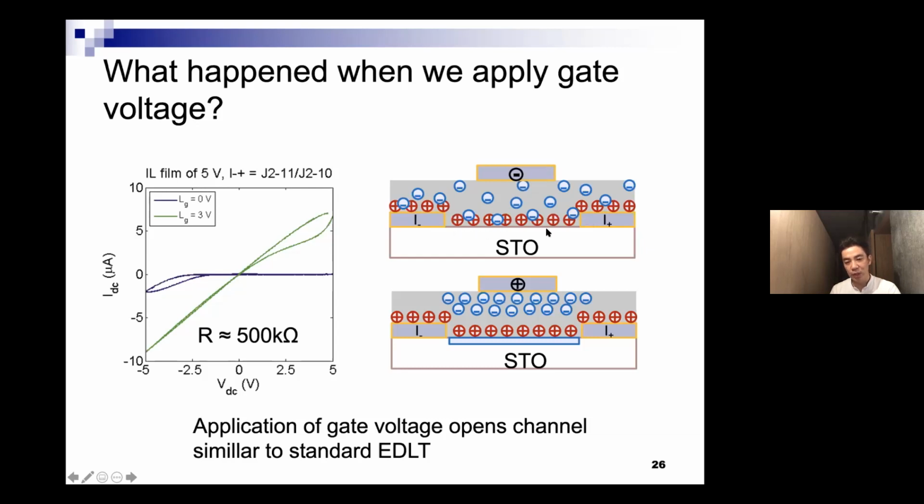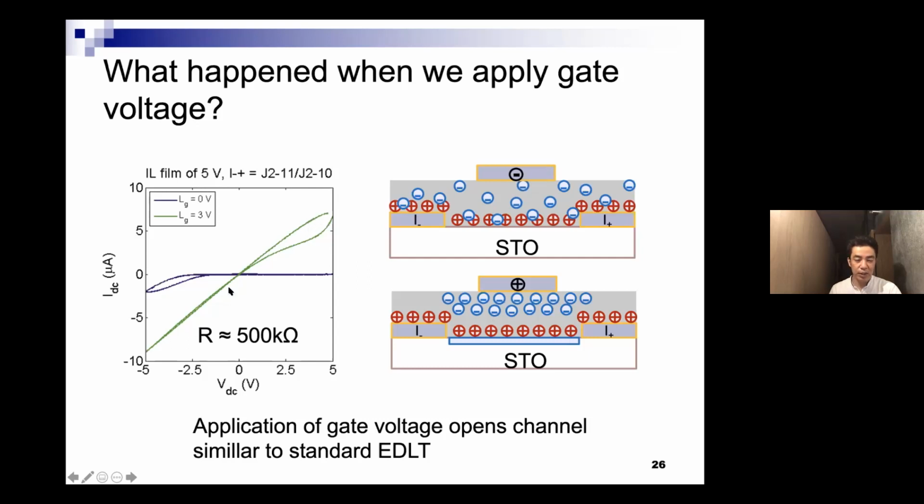So no channel is formed. But if you apply the positive gate voltage, then the anions accumulate on the gate electrode side, and then the channel is formed.